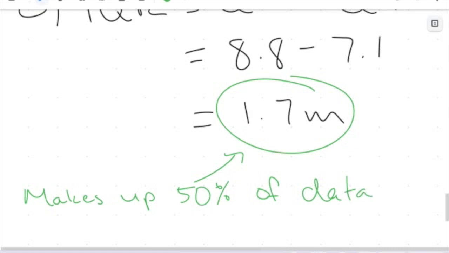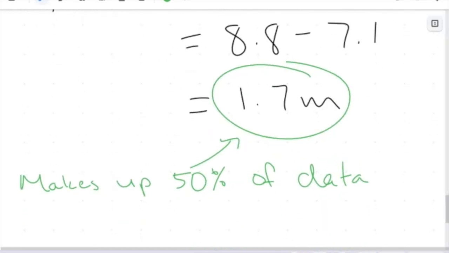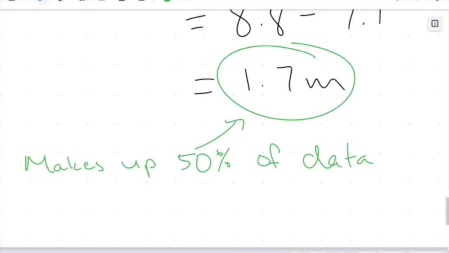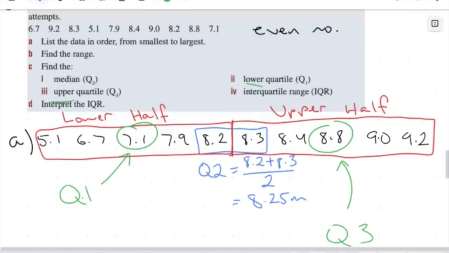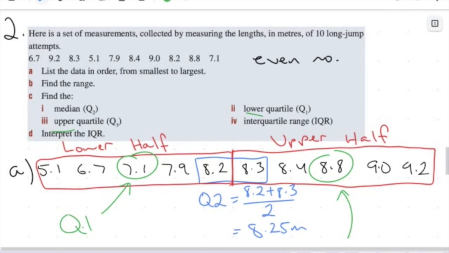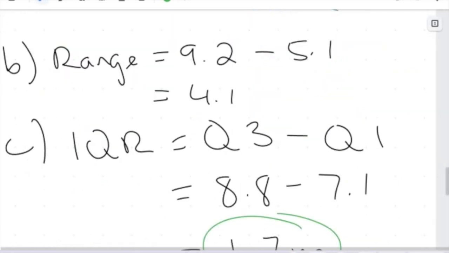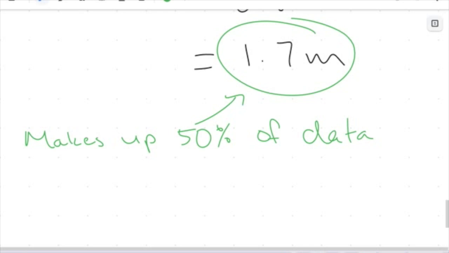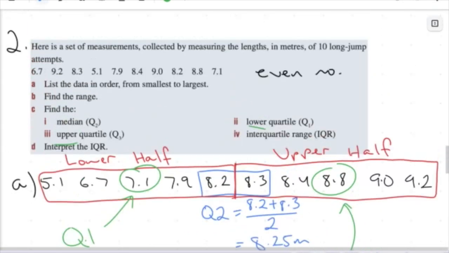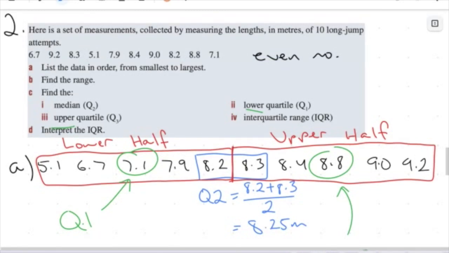And that's essentially all we're asked to interpret, because we're not really going too deep in this so far, but we can just see here that the middle 50%, so these 50% of our data set values for these 10 long jump attempts, the middle of them differed by 1.7 meters. 1.7 is the full spread from highest to lowest of those middle values.